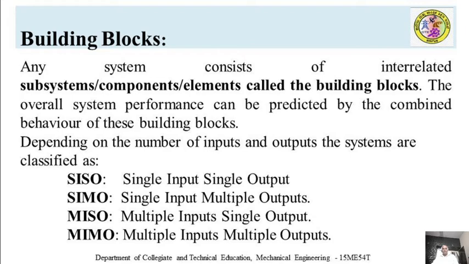These are called building blocks of the system. So the overall system performance depends on these building blocks. If you take the system as a whole, the performance of the whole system depends on these building blocks.